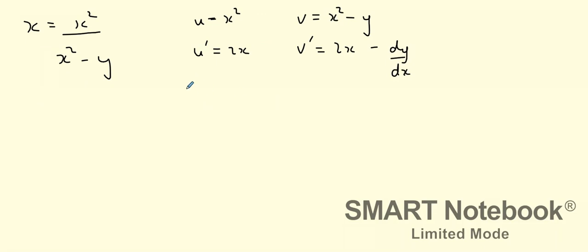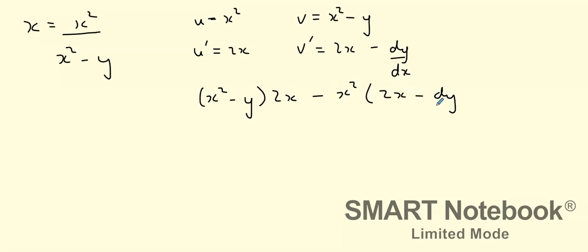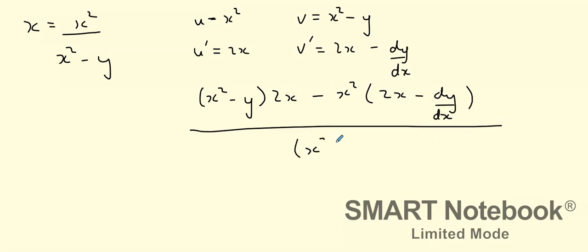And the quotient rule is vu dash minus uv dash, so x squared minus y times 2x, minus x squared times 2x minus dy by dx, all over v squared, which is x squared minus y squared. So that's the right hand side differentiated now.